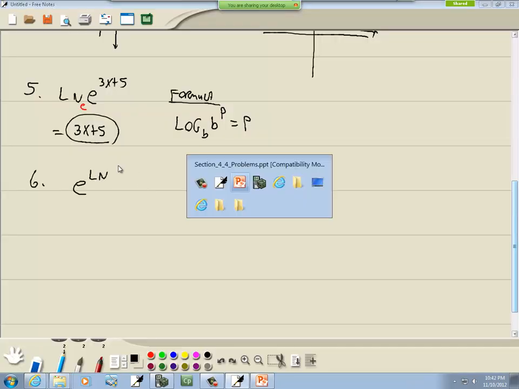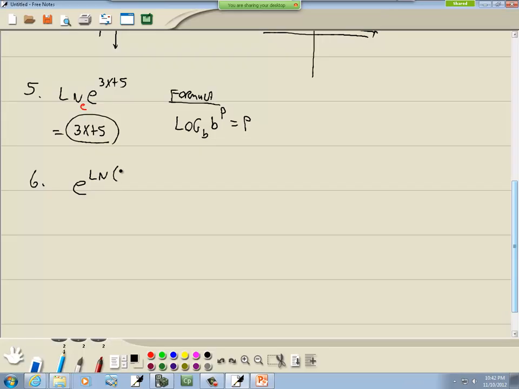We've got e to the natural log of 4x. Now, if I were to put a base on this natural log, it would be base e. Again, if these e's match, then the log and the e are going to cancel and just leave you 4x. So that'd be our answer.